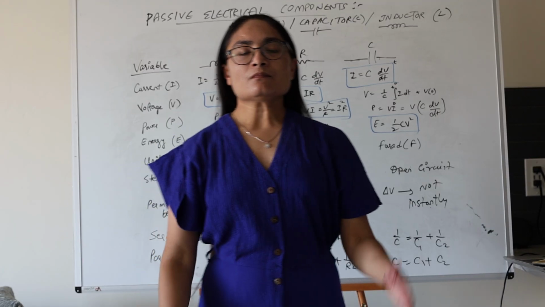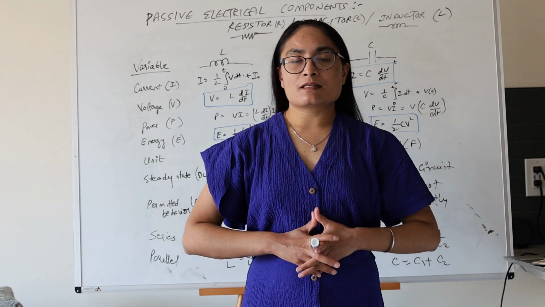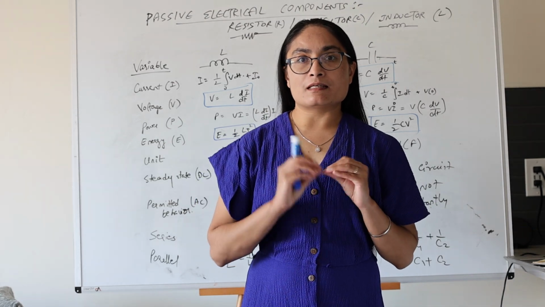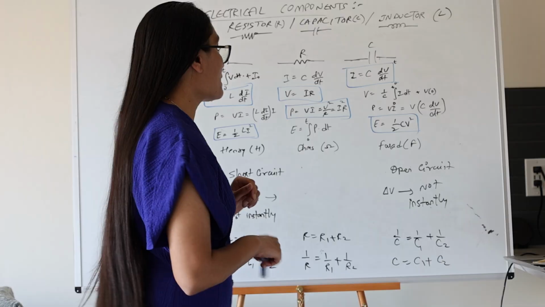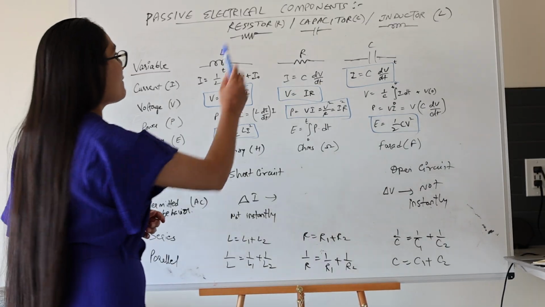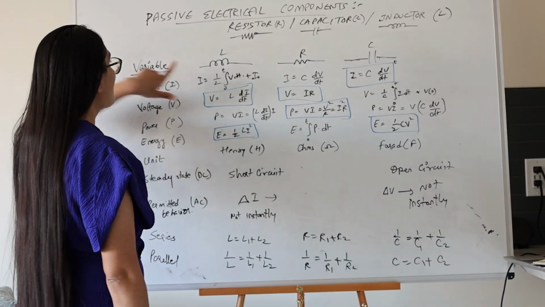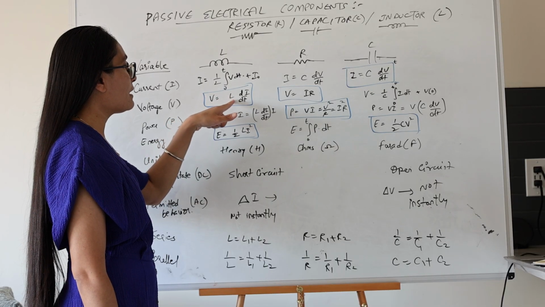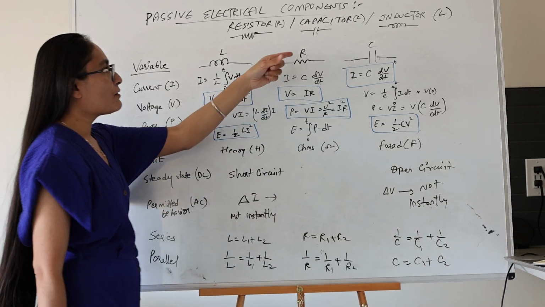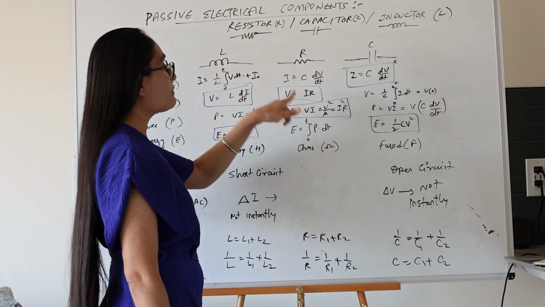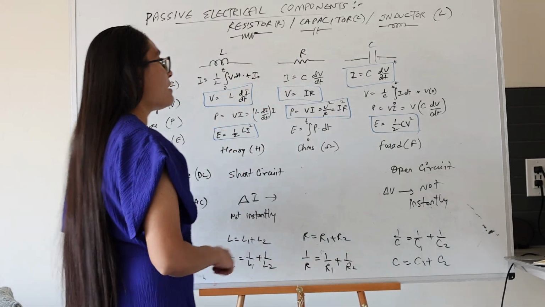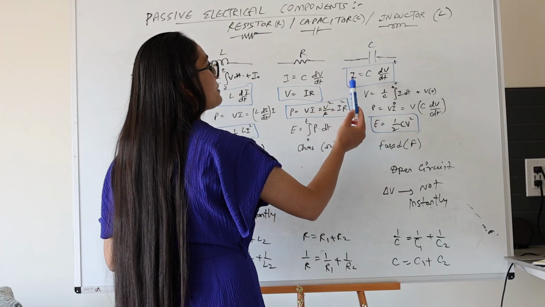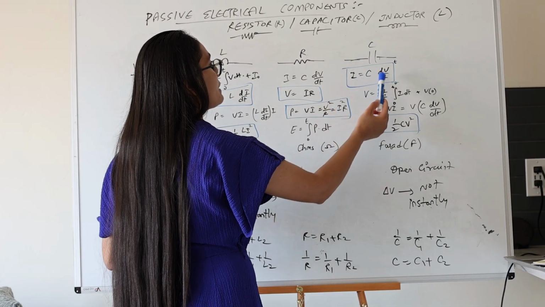Alright, we have already covered a lot of these things. I'm not going to go into the details again, but I'm going to point out some of the important things that we should remember for every component. For example, for an inductor, we need to know that the voltage is equal to L di/dt. For a resistor, we need to know Ohm's law, V equals IR. And for a capacitor, we need to know the current is equal to C dV/dt.